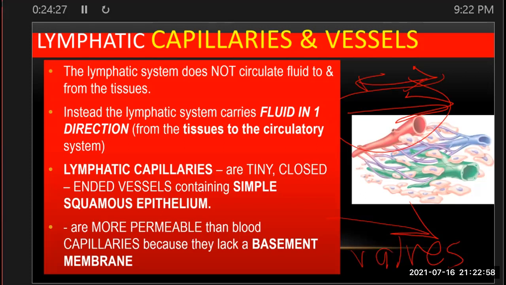Again, the lymphatic system does not circulate fluid to and through the tissues. Instead, it carries fluid in one direction, from the tissues to the circulatory system. The reason for this is that the lymphatic vessels have valves.